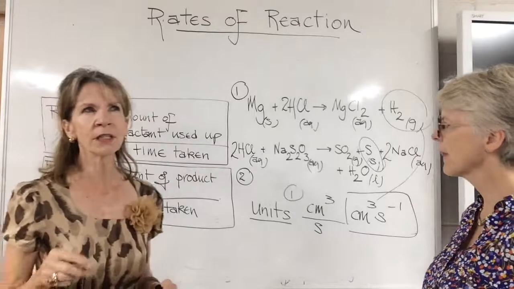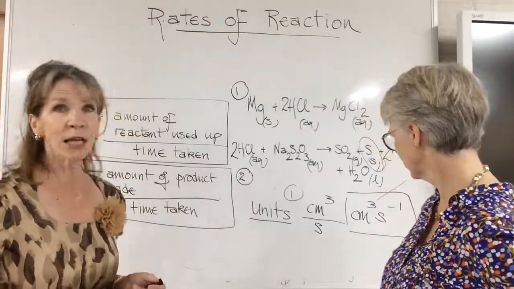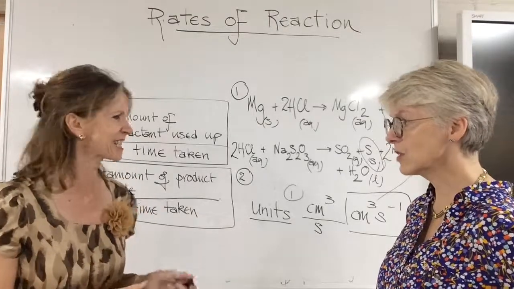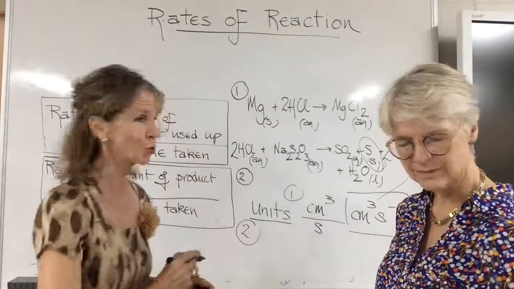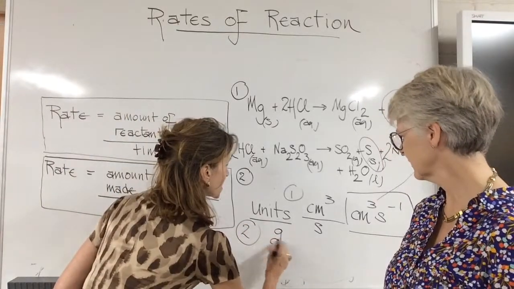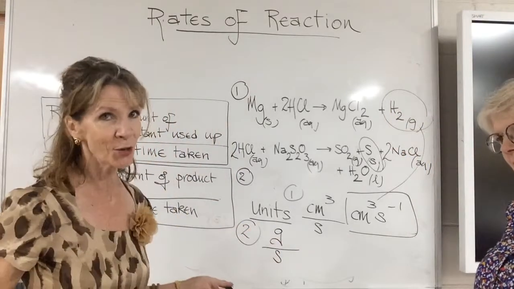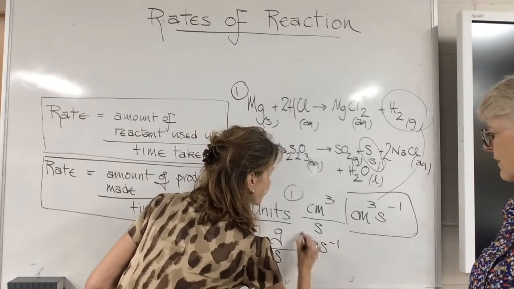Well, solid, you would have to measure mass, so it would be in grams. And I would use the same time, per second or per minute at the moment. So the units for experiment 2 would be grams per second, or, as you mentioned about the other way of writing this, grams s to the minus 1.